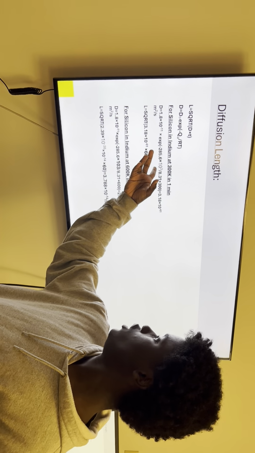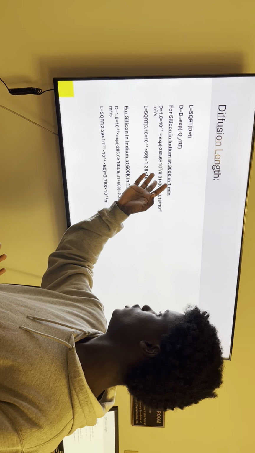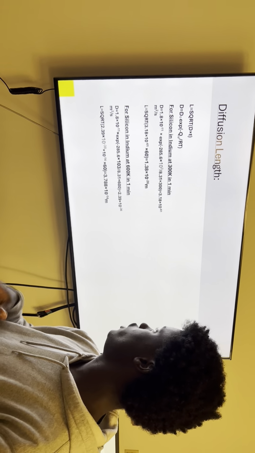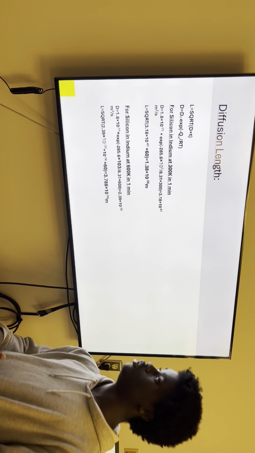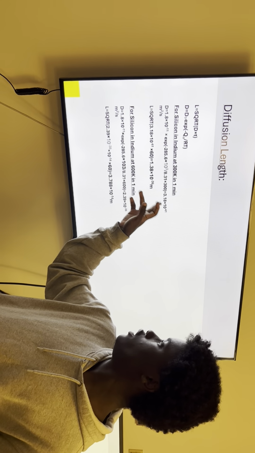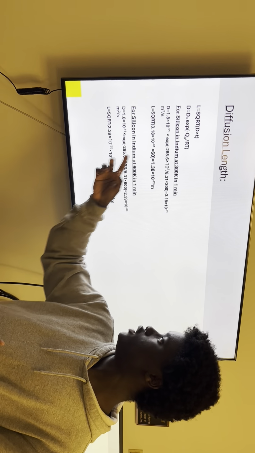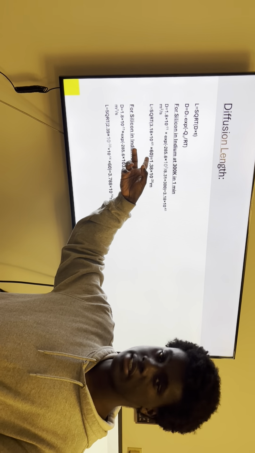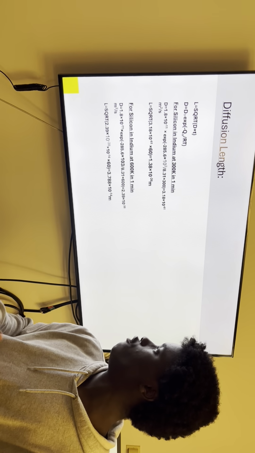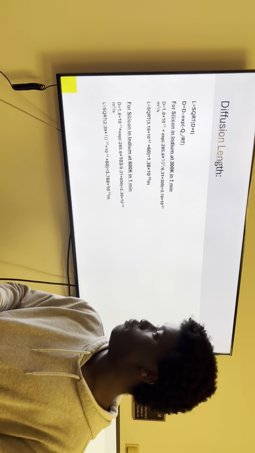We plug in all the numbers, the constant and the temperature, and we end up with 3.18 times 10 to the minus 61 meters squared per second. That number we found, we're going to plug in the original formula, and we multiply it by 60 seconds because we have to find it in 1 minute. So the final result is 1.38 times 10 to the minus 26 meter.